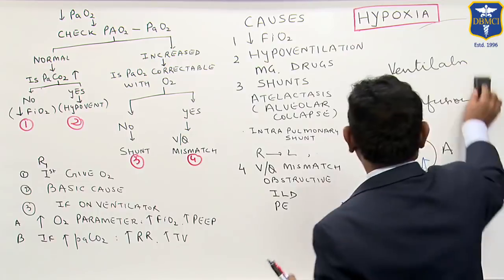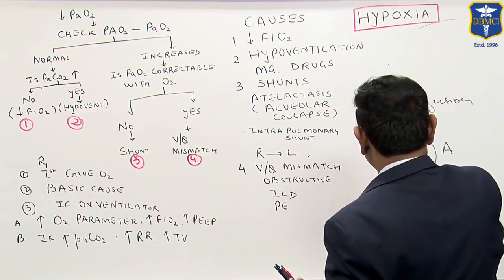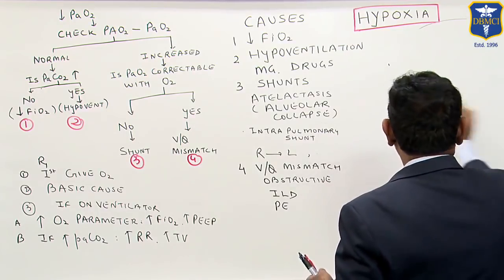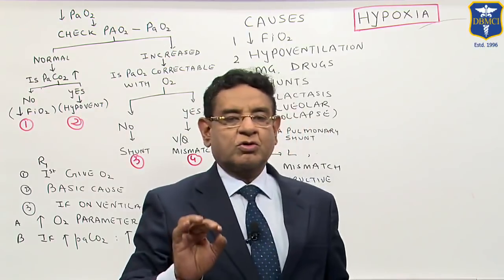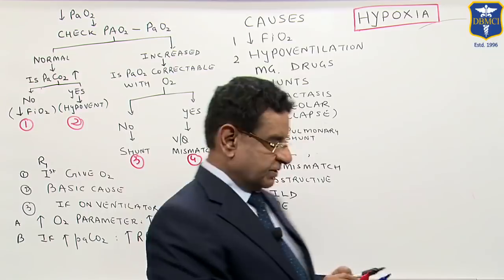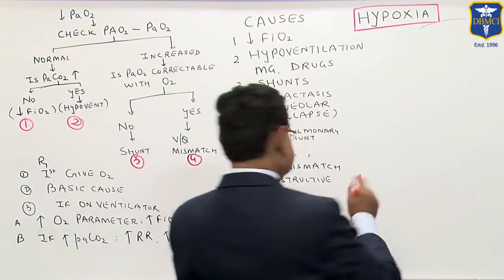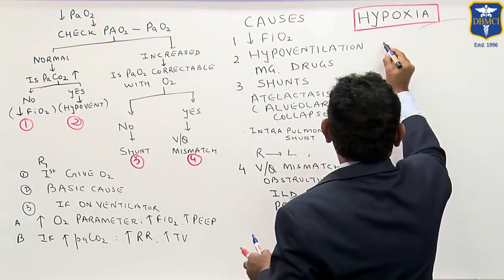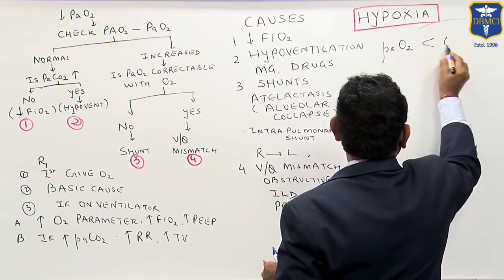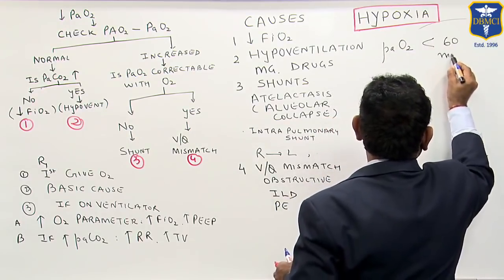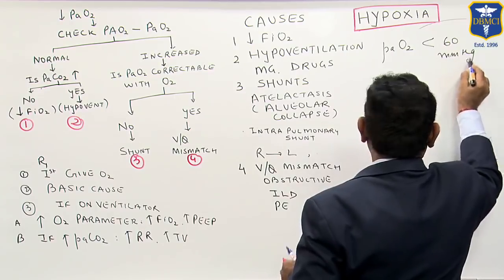So having learned the basic concepts, let us know what are the causes of hypoxia. Remember, hypoxia means PaO2 less than 60 millimeter of mercury.